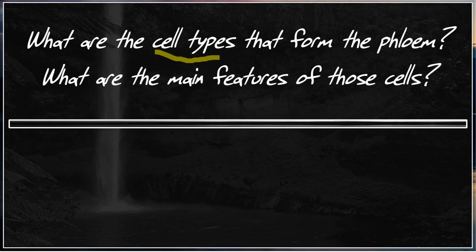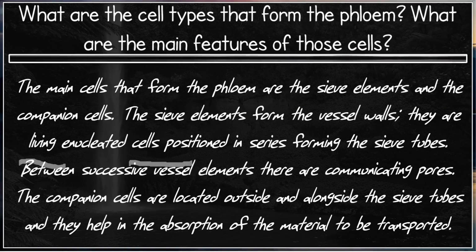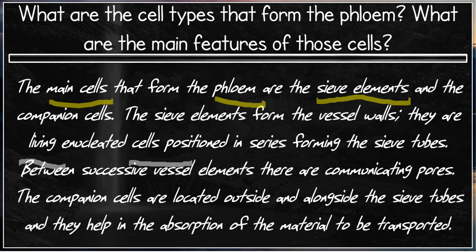What are the cell types that form the phloem? What are the main features of those cells? The main cells that form the phloem are the sieve elements and companion cells. Sieve elements form the vessel walls.